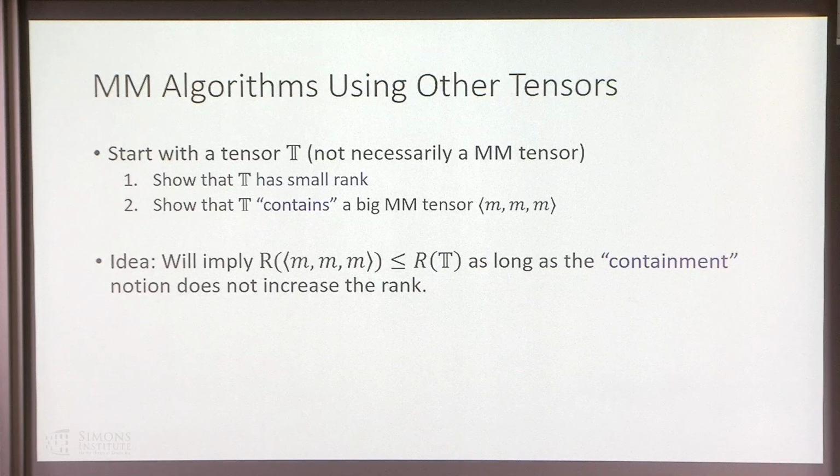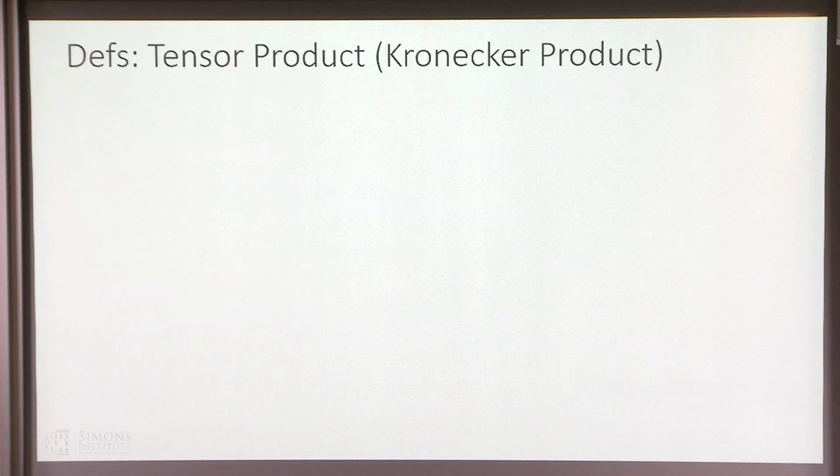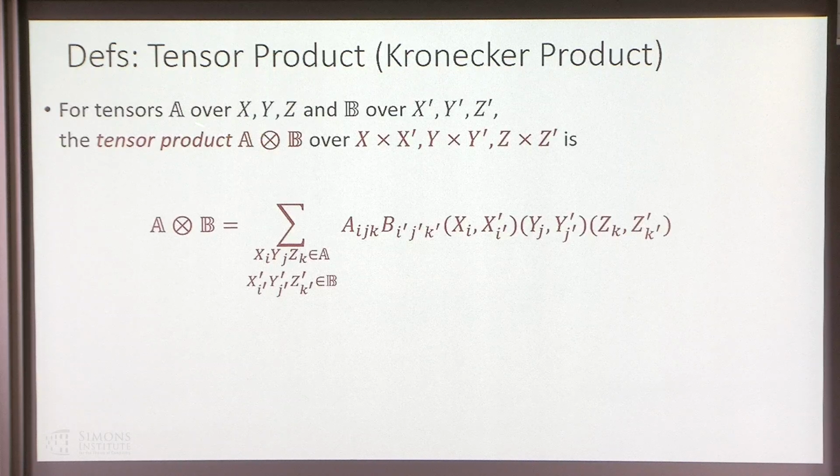Of course, this has this issue that now we have to understand the ranks of these still big tensors, so it's still not as nice. Because of this, we instead work with tensor products, in particular the Kronecker product of tensors. What is this? Let's say I have two tensors A and B. They're trilinear forms over variables x, y, z, and x prime, y prime, z prime.